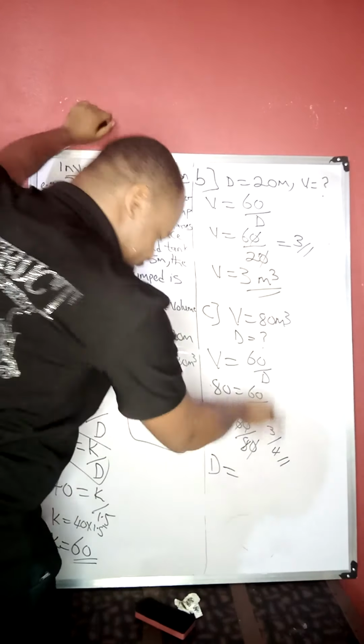Alright, the practice questions. Question 1 says, the electrical resistance of a wire varies inversely as the square of the radius. If the resistance is 0.24 ohm, where radius is 0.5 cm, find the resistance when radius is 0.04 centimeter. That's the first question.